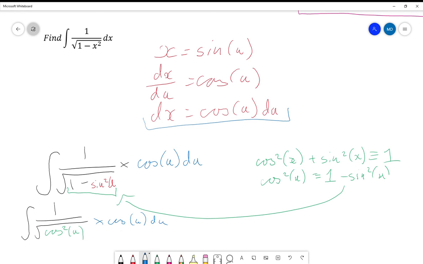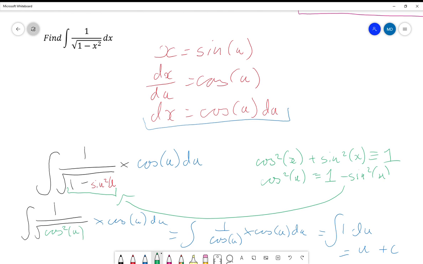Well, the square root of cosine squared is just cosine, so we're getting the integral of 1 over cosine u times cosine u du, which is in fact just the integral of 1 du. And therefore, our answer is equal to u. Well, in fact, let's be clear, u plus c, let's not forget that.